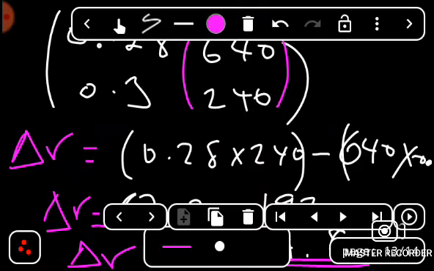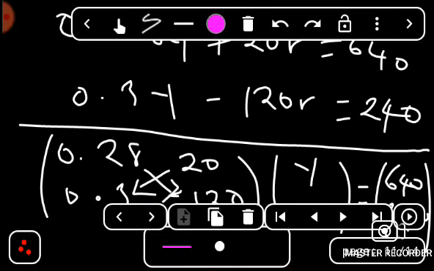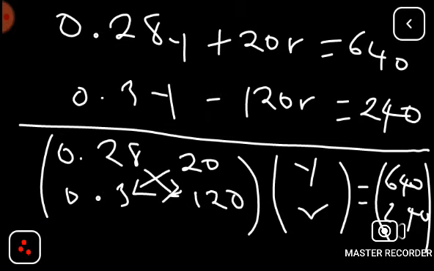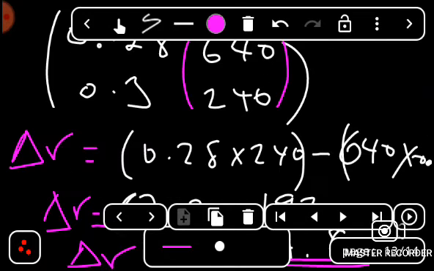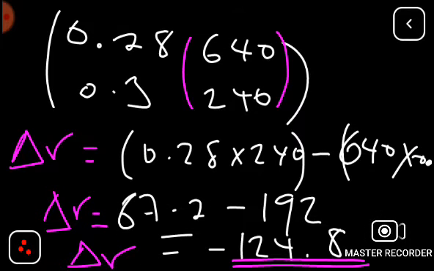If you look at our original equation here, you find out that this is what is there, with their signs, and this is what is there. But when you're finding the change in R, you replace them where there's 20 and negative 120, and your matrix should be like this.